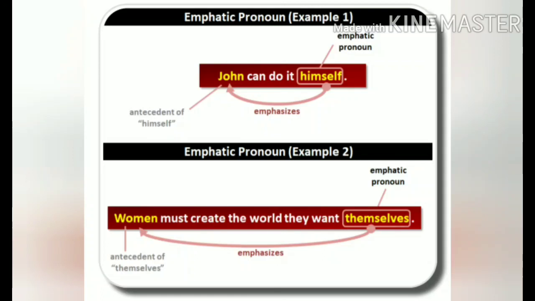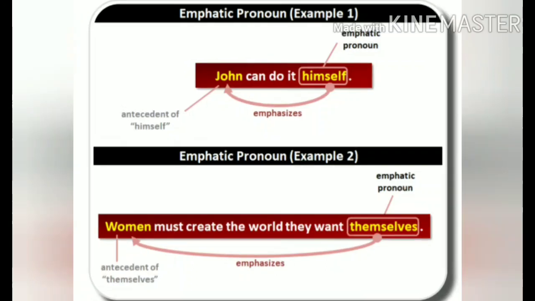Emphasize means to give more importance. So, the emphatic pronouns such as myself, yourself, herself refer back to the subject of the sentence. For example, she cut the vegetable by herself, or he himself told me this, or they themselves admitted their mistake.